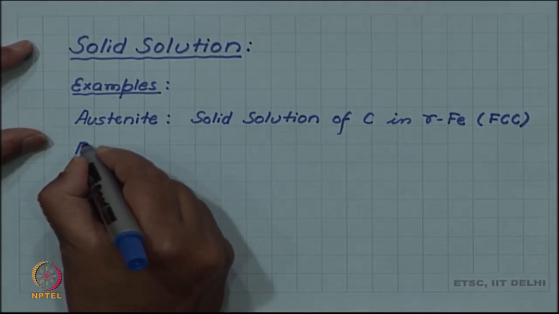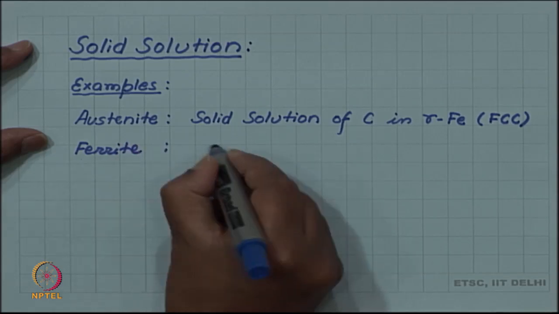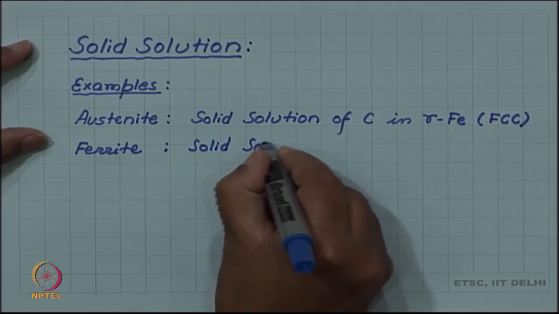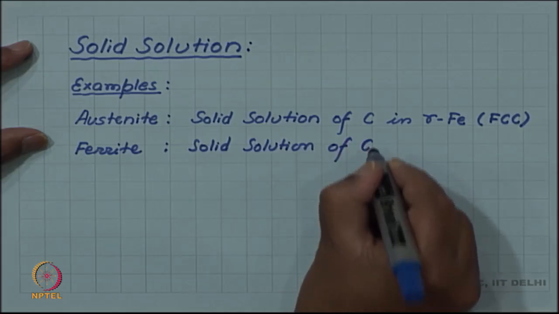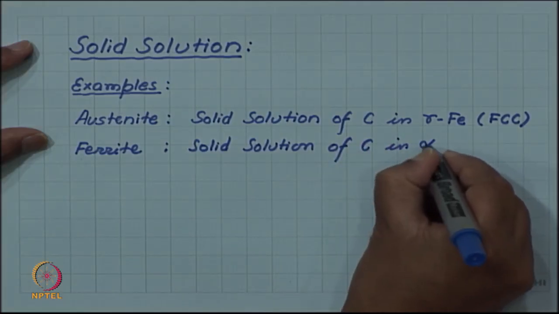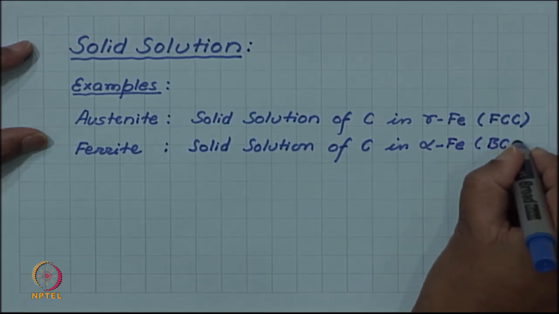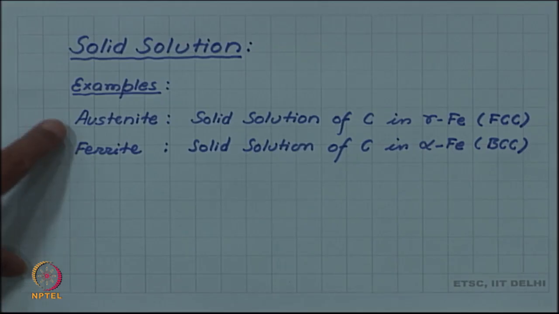There is also ferrite. This is solid solution of carbon in alpha iron, which is BCC. So, depending upon whether the solution crystal structure is BCC or FCC, we call them either ferrite or austenite.